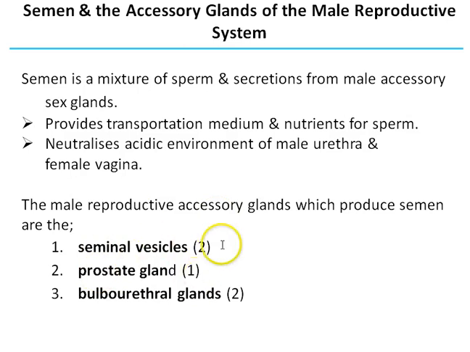The three main ones that contribute towards the production of semen are the two seminal vesicles and the single prostate gland. There are also a couple of small glands we call the bulbourethral glands. They make a minor contribution to the semen, but they're also important for providing lubricating fluid prior to the copulation process.